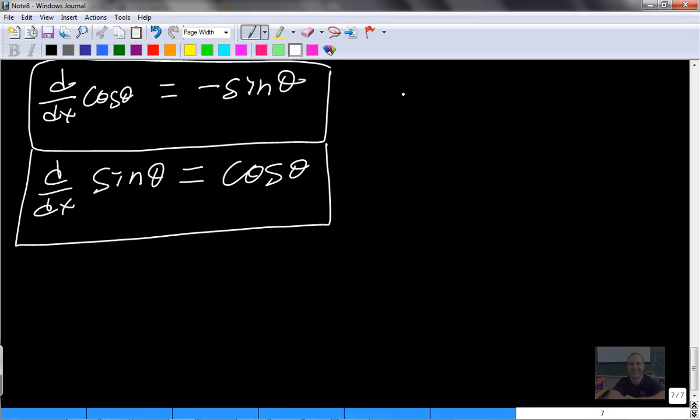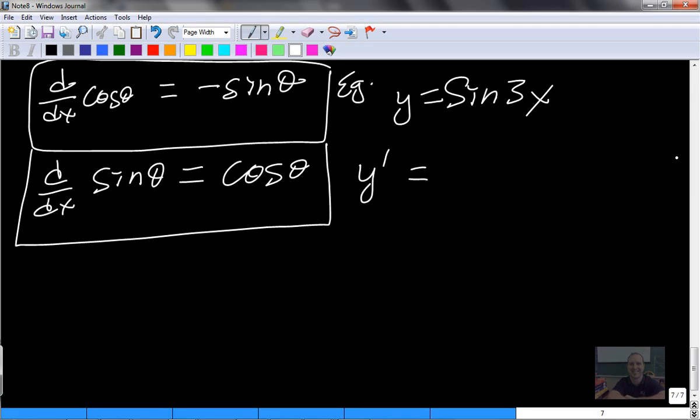Now, what is this going to help us do? Well, if we have y equals sine of 3x, here's an example, and I want to find y prime, the derivative of this graph. Now we know that this is the b value that we talked about in pre-calculus. So how does this change the sine graph, the plain old sine of x graph?